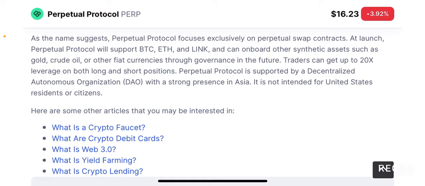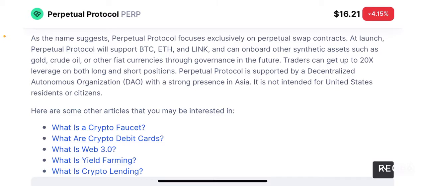As the name suggests, Perpetual Protocol focuses exclusively on perpetual swap contracts. At launch, Perpetual Protocol will support BTC, ETH, and Link, and can onboard other synthetic assets such as gold, crude oil, or other fiat currencies through governance in the future. So again, it's not a typical AMM. It's an AMM specifically focused on perpetual swap contracts, which means you can do a lot of high risk trading, which I personally wouldn't recommend to anyone who doesn't have the experience or doesn't really know what they're doing.